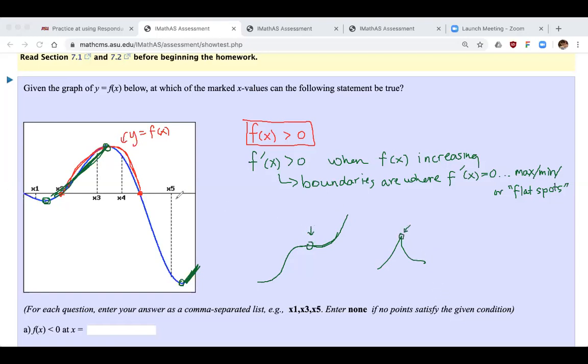So those are those critical values: places where the derivative is 0, like tops and bottoms of hills; derivative is 0, but it's just a flat spot; derivative is undefined, but the function exists. So the boundaries between when f of x is increasing, meaning f prime is greater than 0, versus it being less than 0, are those critical values.